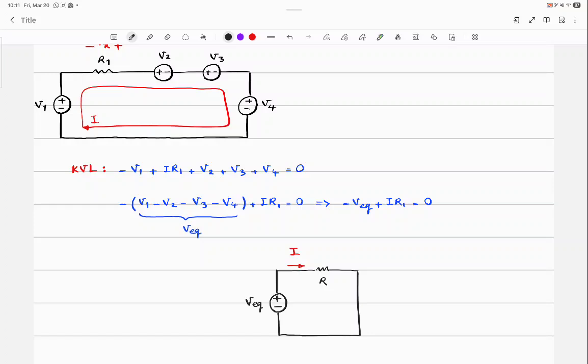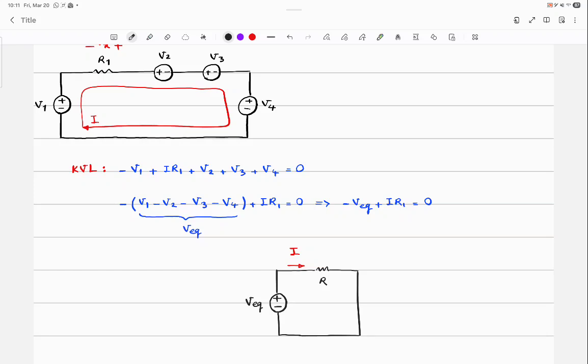So how can we combine voltage sources in series? This is how I suggest you do it. First of all, because the voltage sources are in series, they're going to be either added or subtracted. Is that obvious enough? Because they are either enforcing each other or they are actually in competition. Okay? Now, one way of doing it is like that.